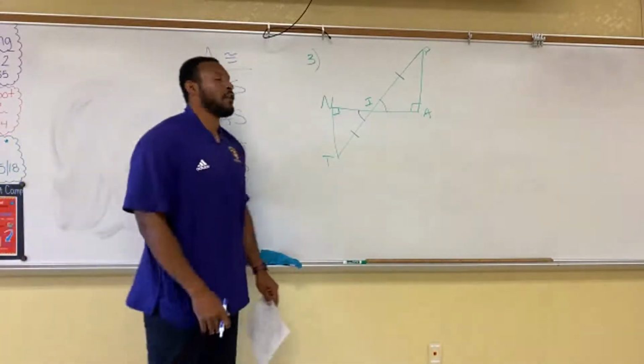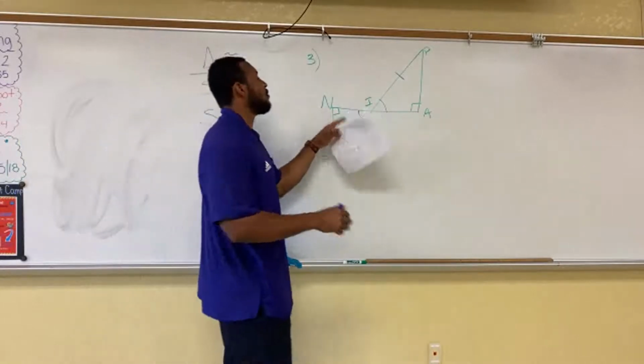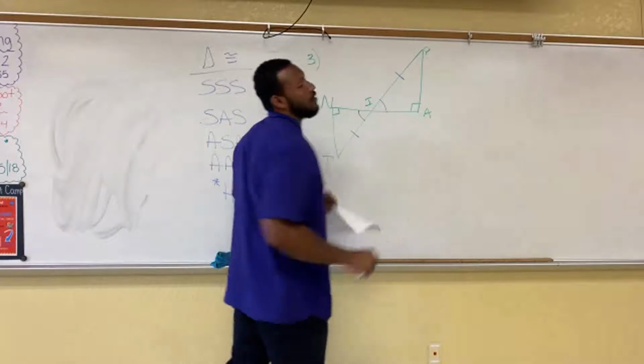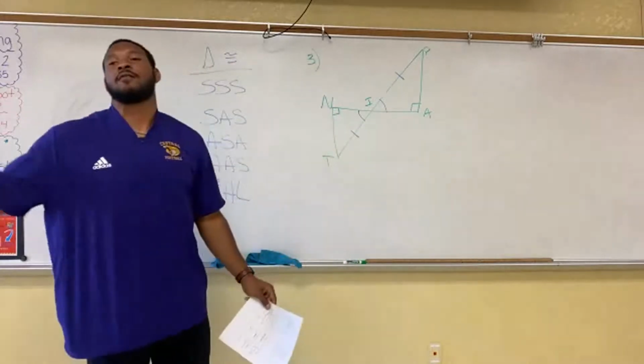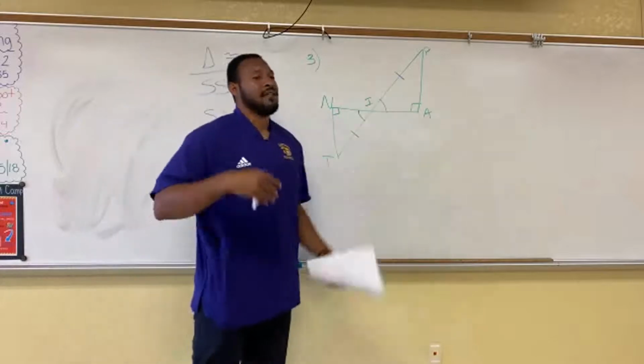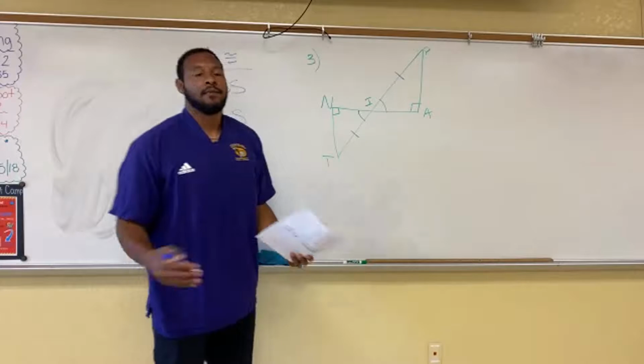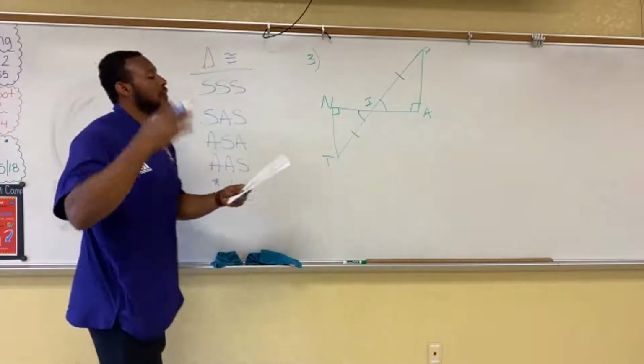Okay, make sure you write that down for your reason, right? The reason why N and A are congruent is called the definition of right angles. Meaning, if they're telling you that they're right angles, they equal 90 degrees, which means they're automatically going to be congruent. Okay, so now let's go to number 3.